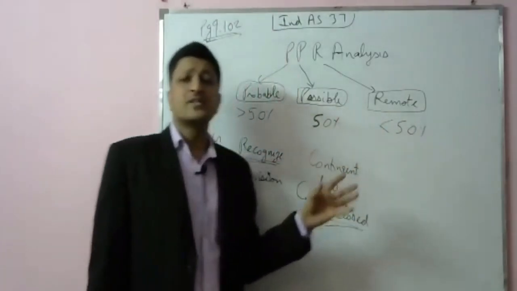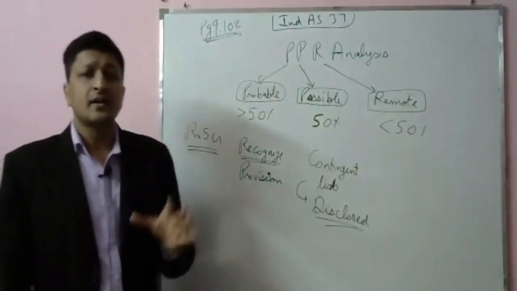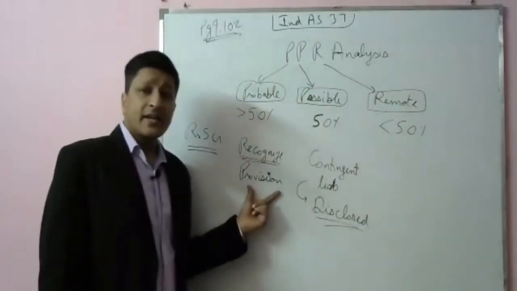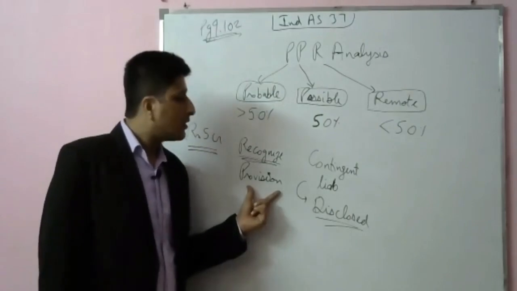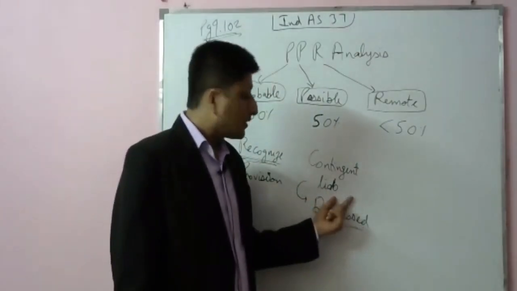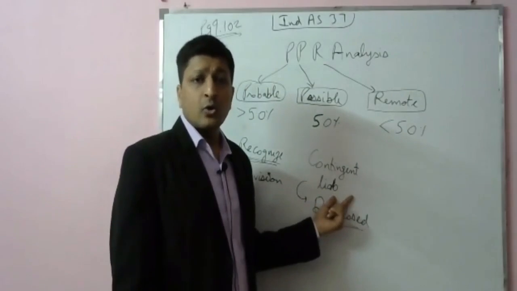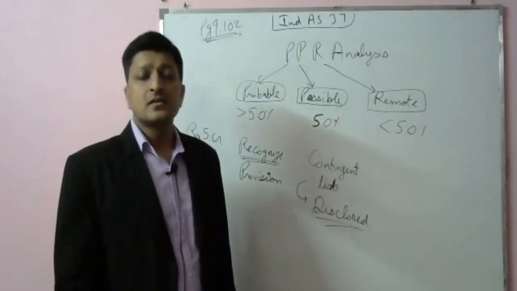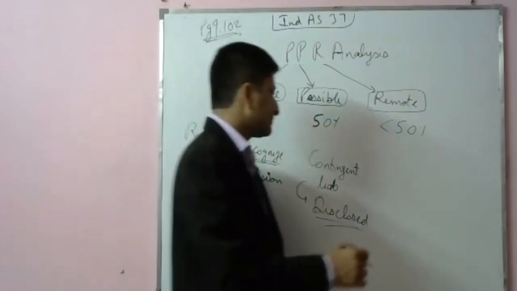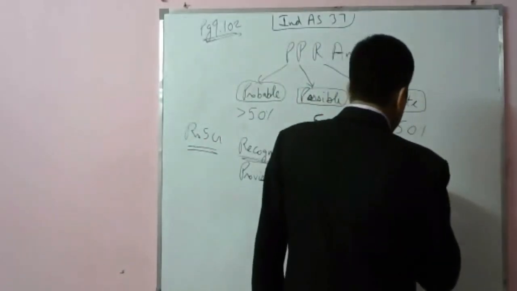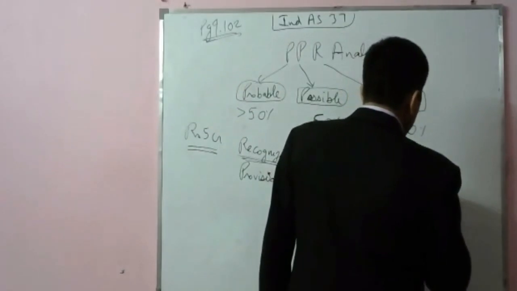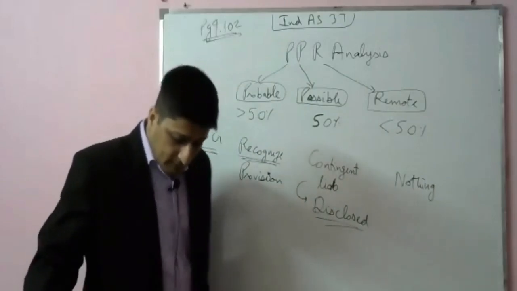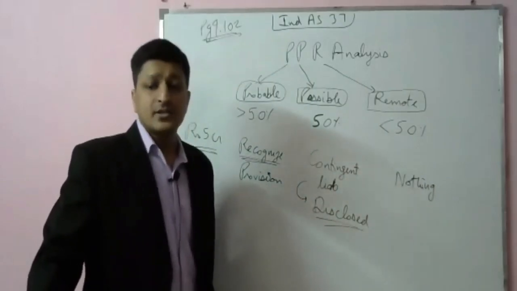But the moment we say that the chances of losing the case are remote, then can we recognize, can we record a contingent liability? No. So what do we do? Nothing will be done. In this situation, no accounting will be required as against that litigation.